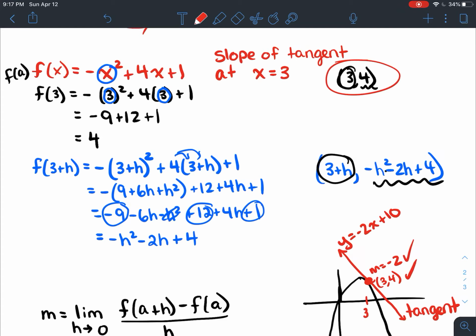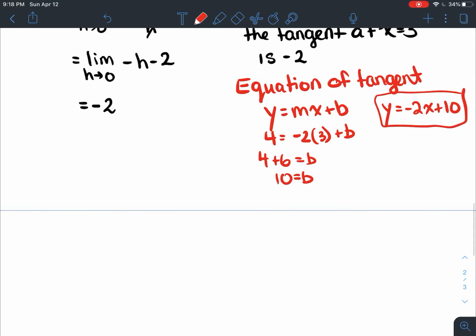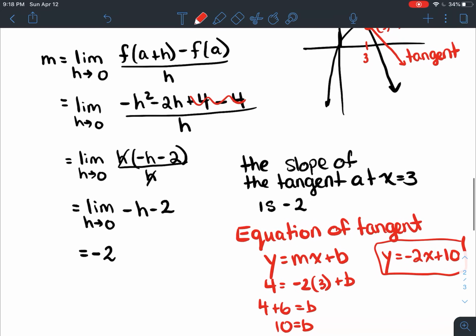And you can do that by picking points, like a point at this point 3, 4, and then picking a point like 3, 4, but we call it 3 plus h, and then figuring out what y is. Okay, I hope that made some sense.